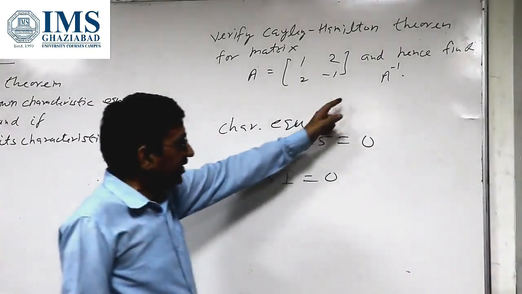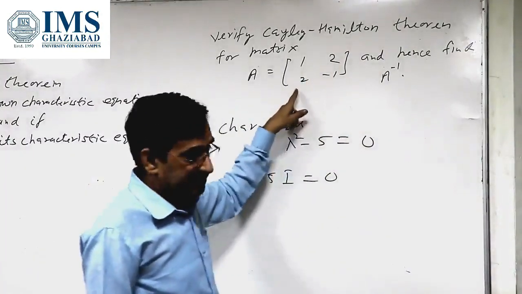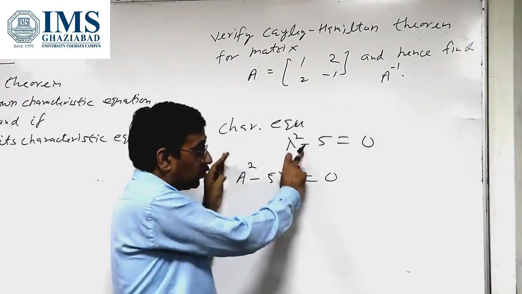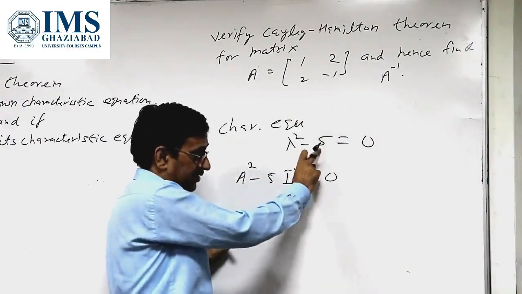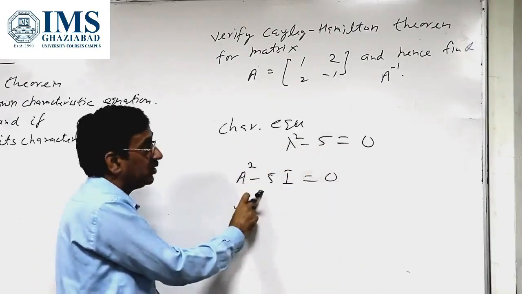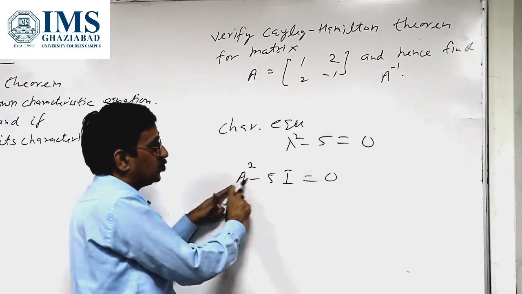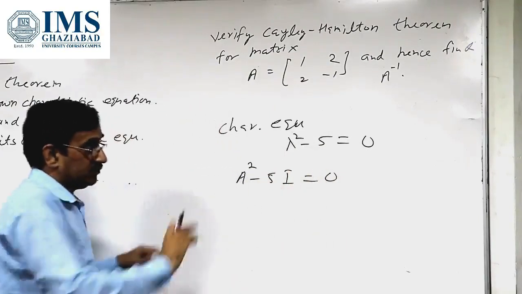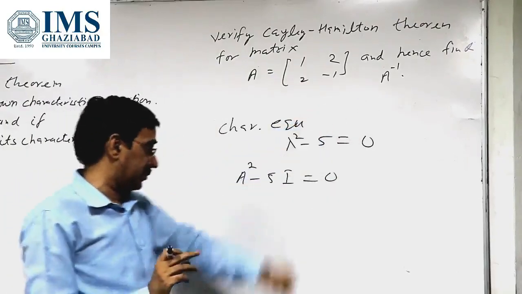Now, we will find the inverse of this matrix. We have already calculated the characteristic equation of this matrix, that is lambda square minus 5 equals 0, and this equation is satisfied by the matrix A, that is A square minus 5I equals 0. Now, using this equation, we can easily find the inverse of the given matrix.